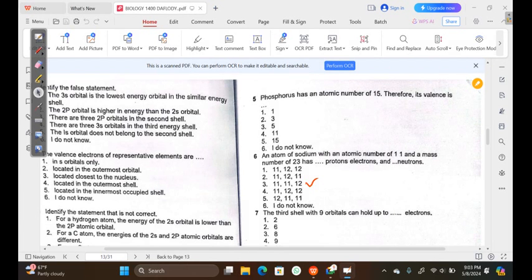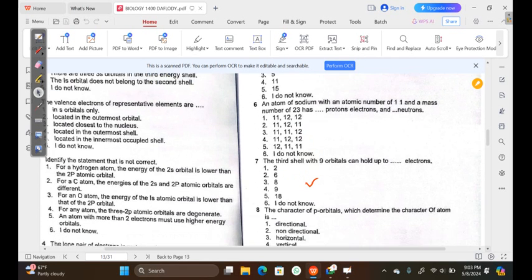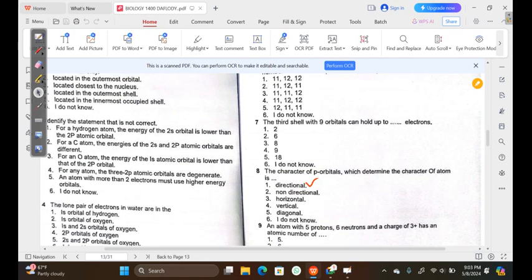So we can move on to which other topic? Oh, question 7. The third shell with 9 orbitals can hold up to dash electrons.